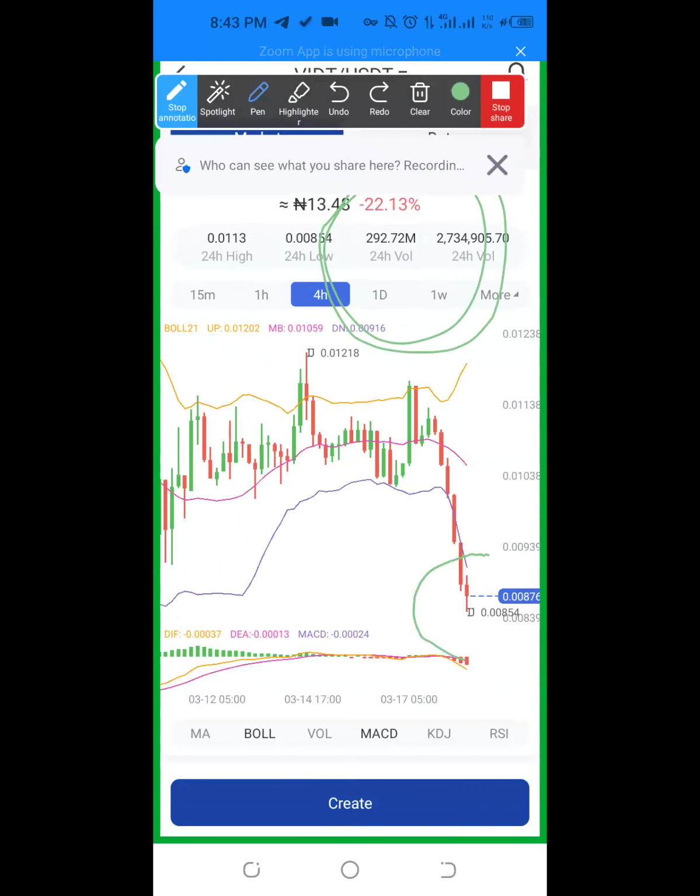Are you seeing it? Make sure that, and I said that anytime any trade you want to enter and the candles are moving down in a vertical line like this on the 4-hour chart, it might not take time to deliver. But if the candles are like this on the Bollinger Band, let me change the color.